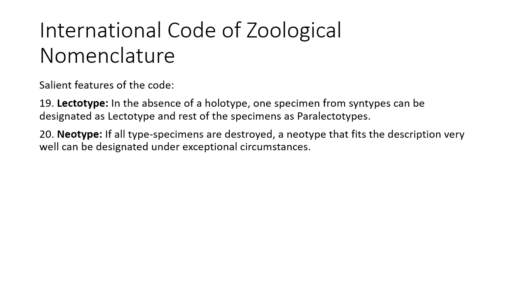In the absence of a holotype, one specimen from the syntypes can be designated as the lectotype, and the rest are called paralectotypes. Neotypes are, if all your type specimens are destroyed, then you can describe a specimen as a neotype if the description fits very well with the earlier described species.